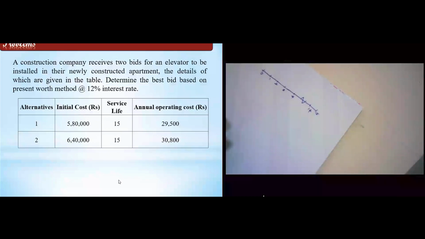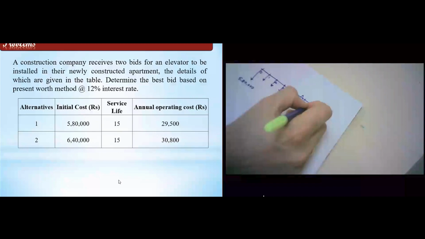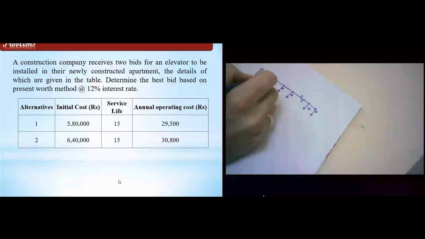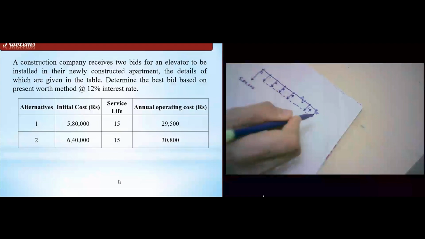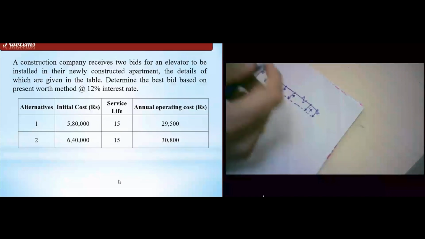So initial cost is nothing but the initial investment, that is 5,80,000 for the first alternative. Annual operating cost is nothing but the operating expenses which the company has to incur every year for a period of 15 years throughout the service life of that equipment, and that value is 59,500.